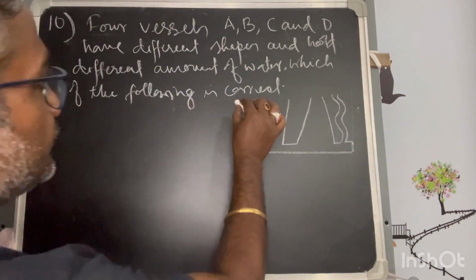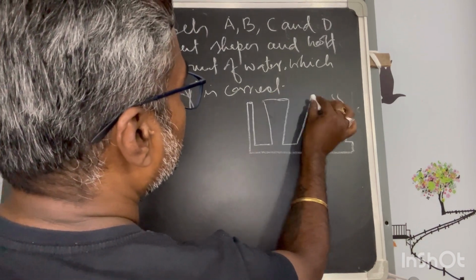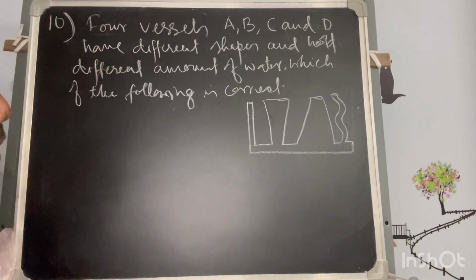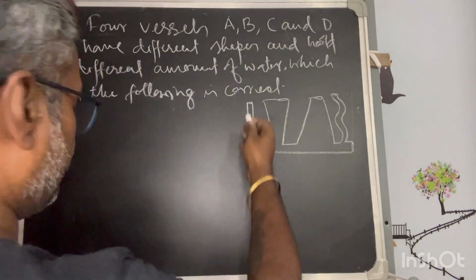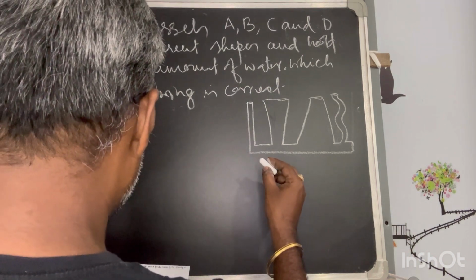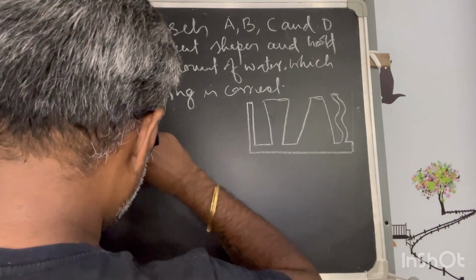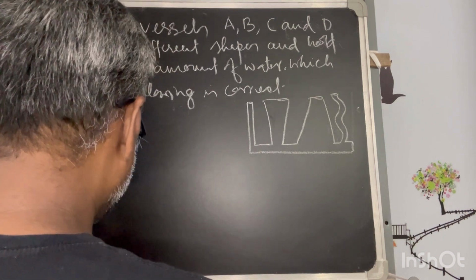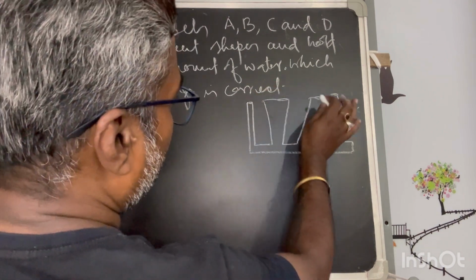So these are the different shapes. These are open-ended containers. These are of different shapes. All are having different shapes, hold different amount of water. That means their overall volumes are different.